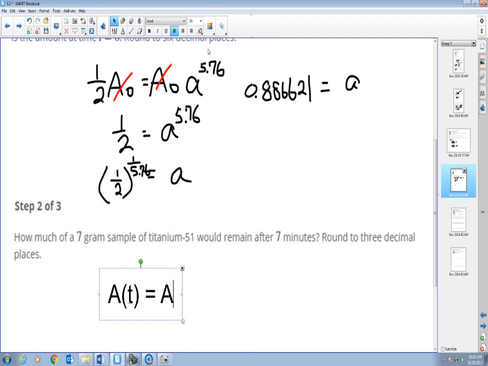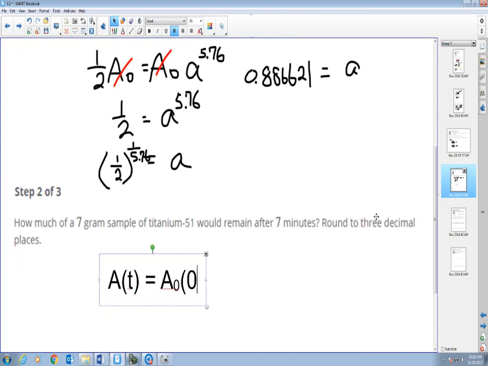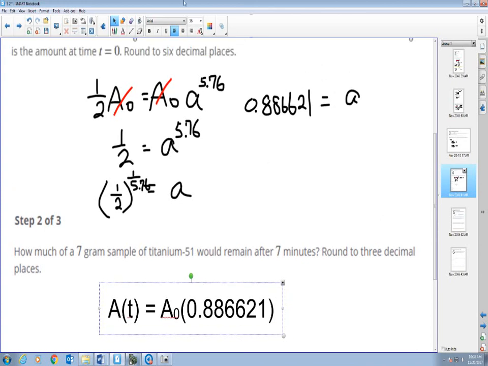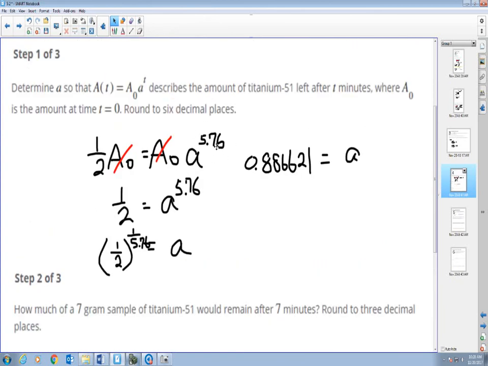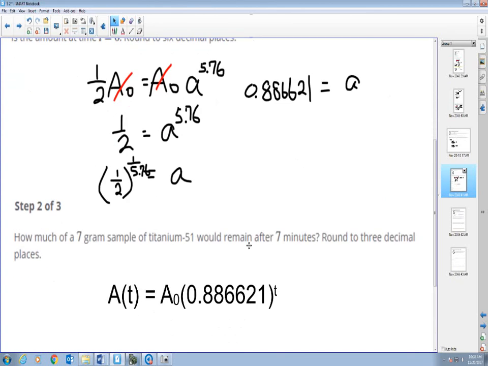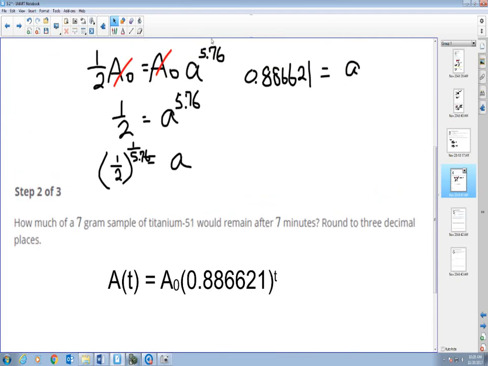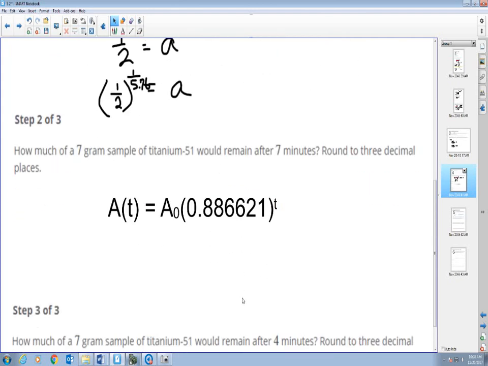Remember, it's not 100%. Times my growth rate, 0.886621, raised to the t power. So the 5.76 is only the half-life. I'm using that number to help me find my growth rate.